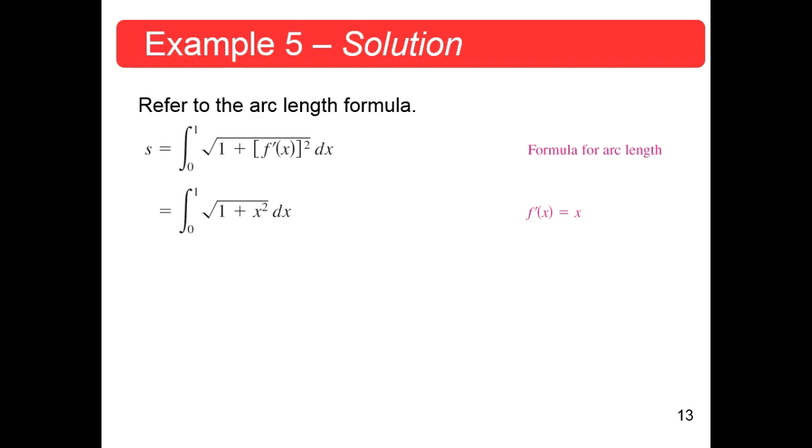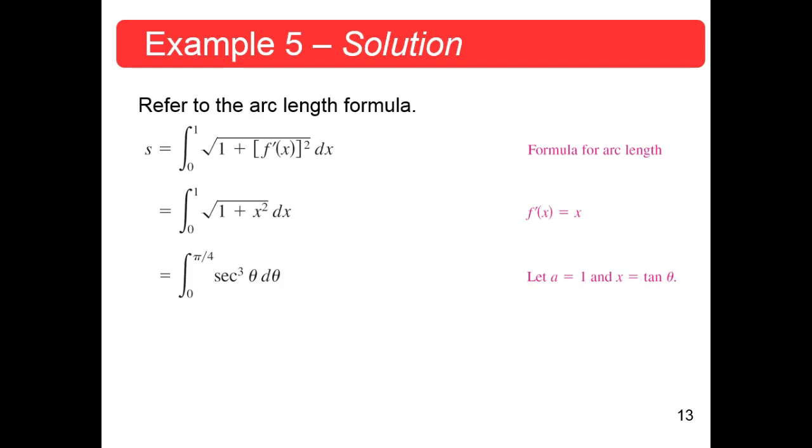Since f prime was x, f prime squared would be x squared, so now you have the square root of 1 plus x squared, which is a secant substitution. They didn't show all the things that we did, and you get secant cubed. They also changed the limits to match, and that's exactly what we got.